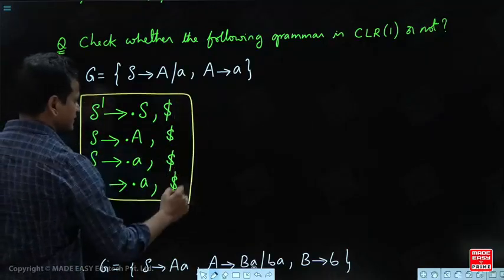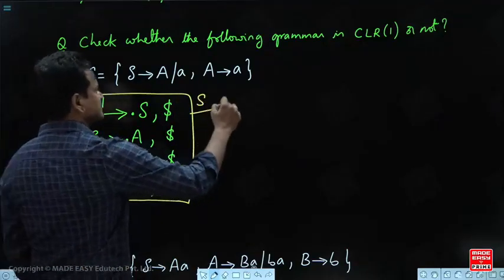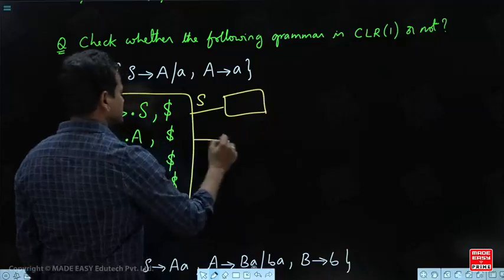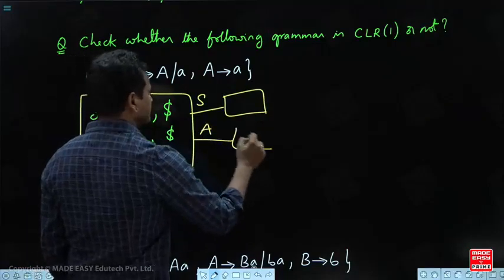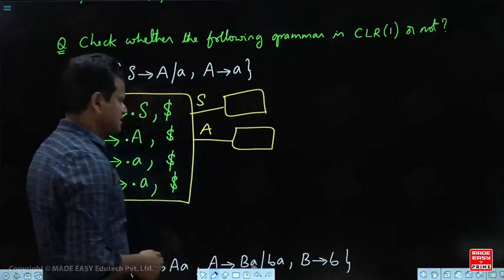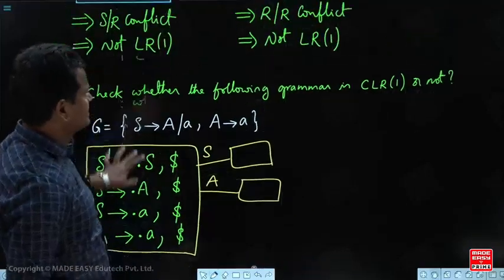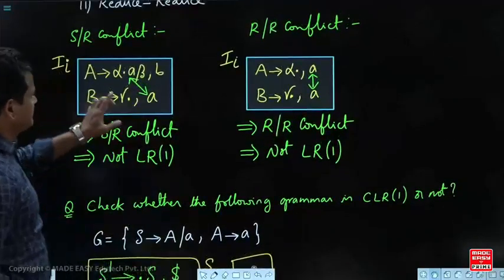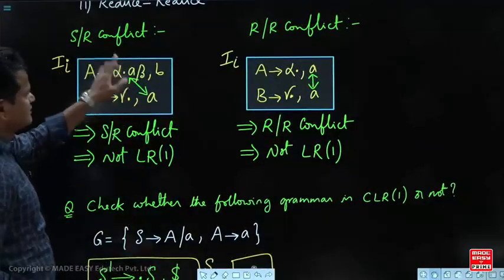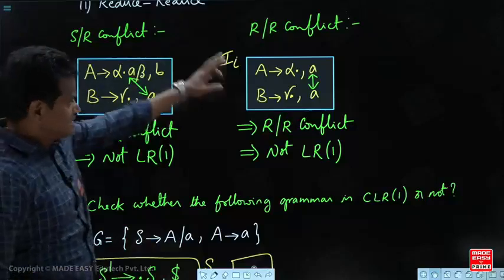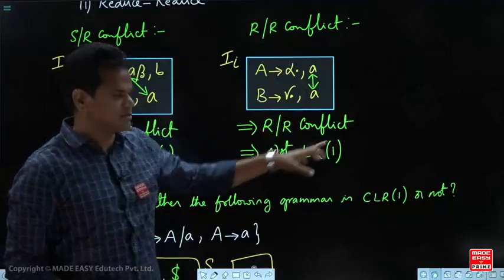Now if you write the goto on S, it is a single production, so you need not bother about single productions. To get a conflict, any state must have either one final item and one shift symbol terminal, or two final items in the same state.